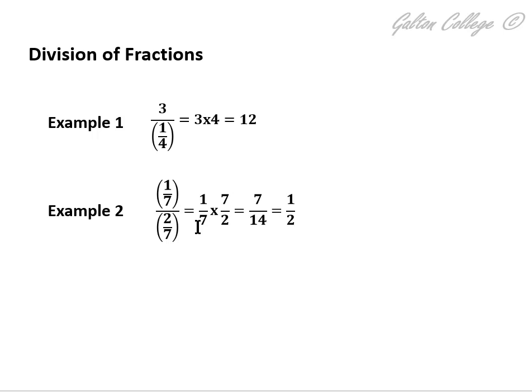They will cancel out, leaving us with 1 over 2. Or if you want to multiply them out, you can. 7 times 1, 7 times 2, 7 over 14. But they will cancel out and just leaves a half. So 1/7 divided by 2/7 is equal to a half. So we're doing fairly complicated stuff suddenly.